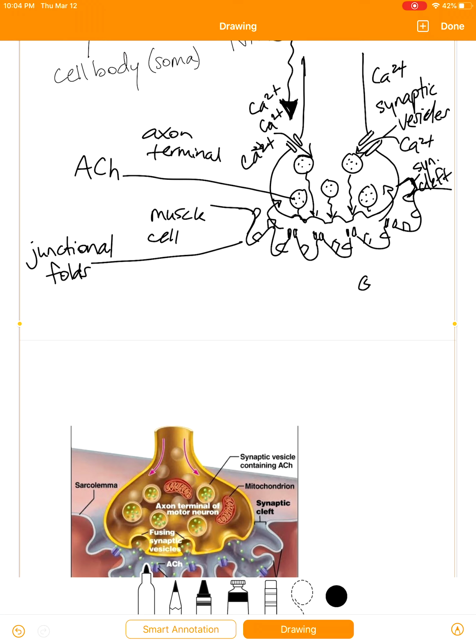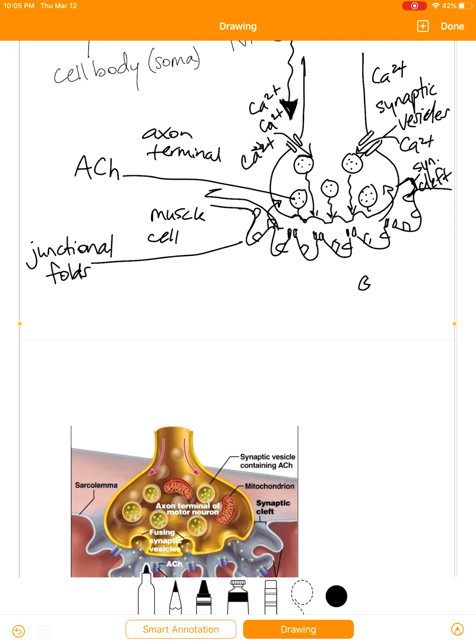So keep that in mind. Again, acetylcholine esterase is an enzyme that cleans up the synaptic cleft by removing all of those acetylcholine neurotransmitters.